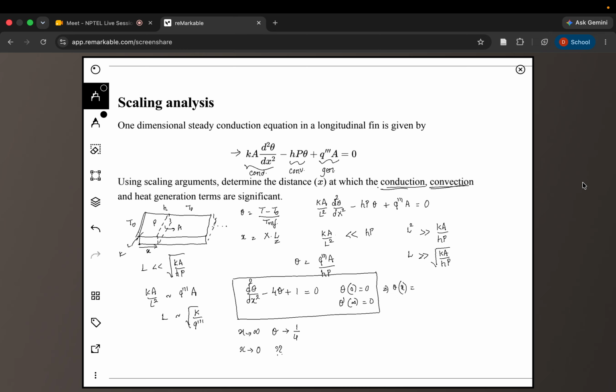The actual solution for this equation is something of the kind 1 by 4 times, which essentially is, if I plot this, at x equal to 0 this will be 0, and as I go towards infinity, this will eventually approach 1 by 4.